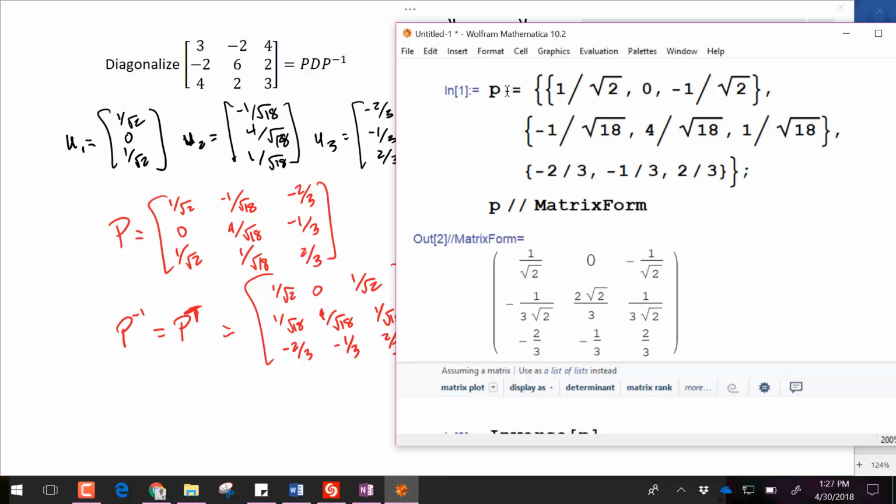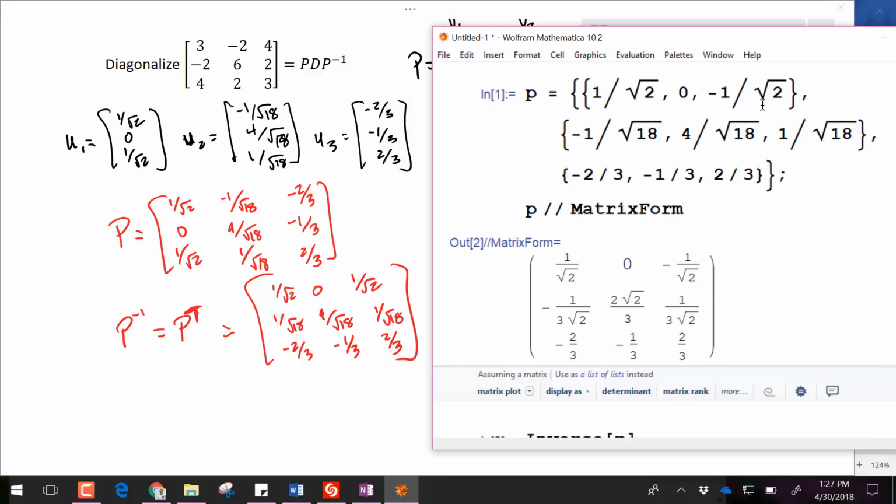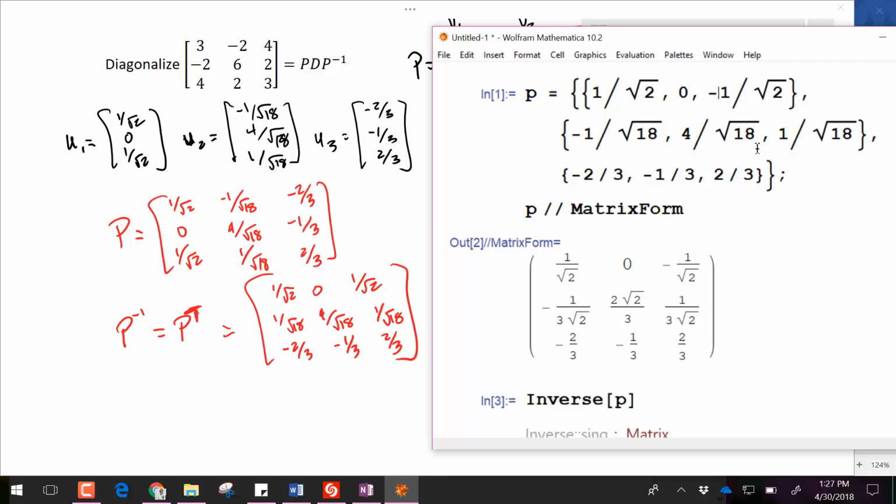I think I put P transpose. Oh, I put a negative here? I took the transpose.